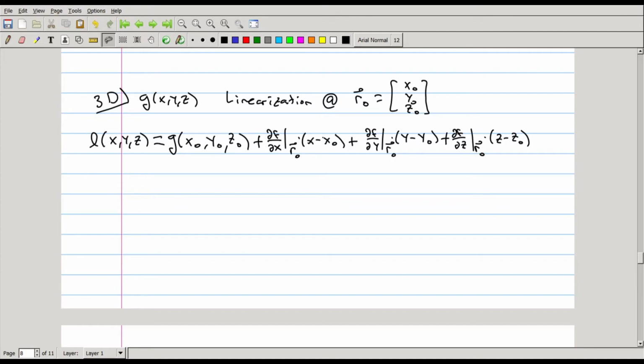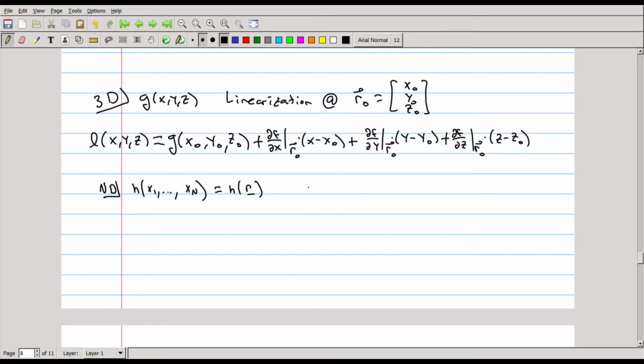And so if we want to extend this even further to functions of any number of variables, 4 variables, 5 variables, up to any number of variables you want to consider, we can go ahead and do this. So consider, say, h, where h is a function of x1 to xn. Or more concisely, where h is a function of position r in some n-dimensional Euclidean space.